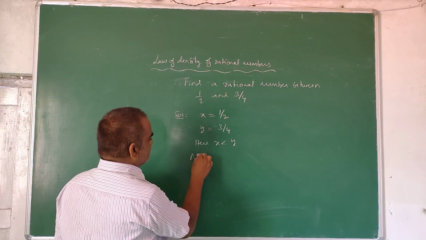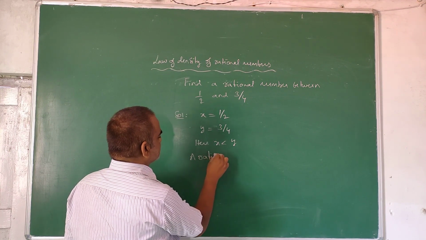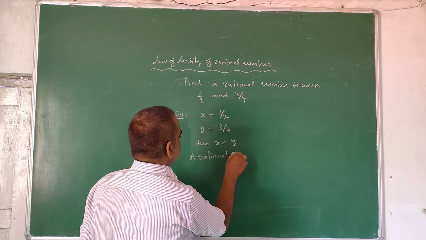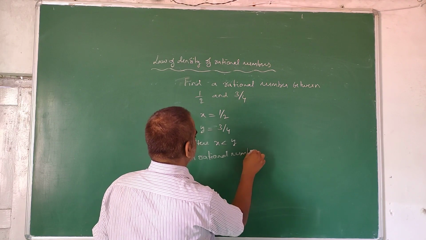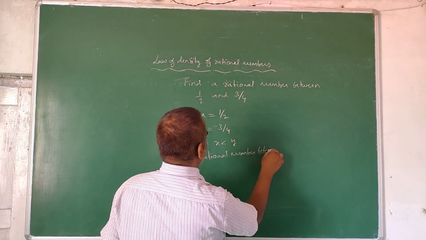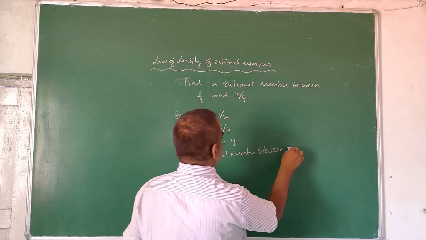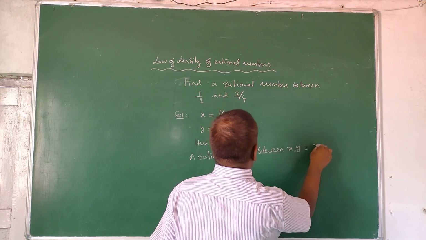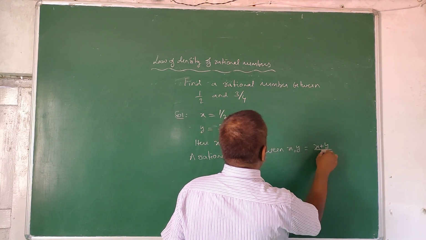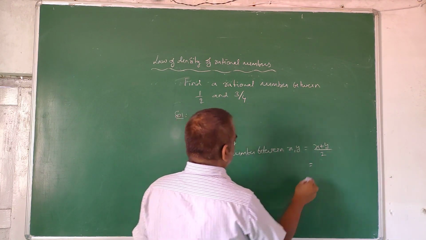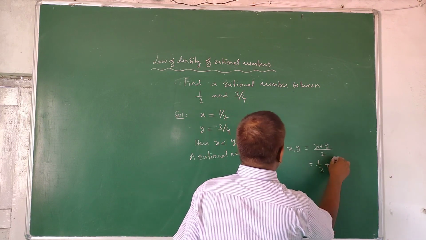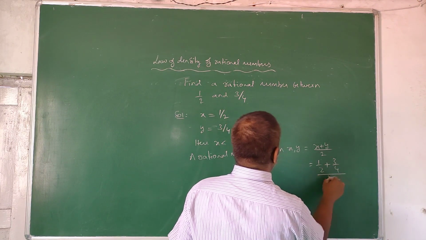Now a rational number between x and y is equal to (x plus y) by 2, which is (1 by 2 plus 3 by 4) by 2.